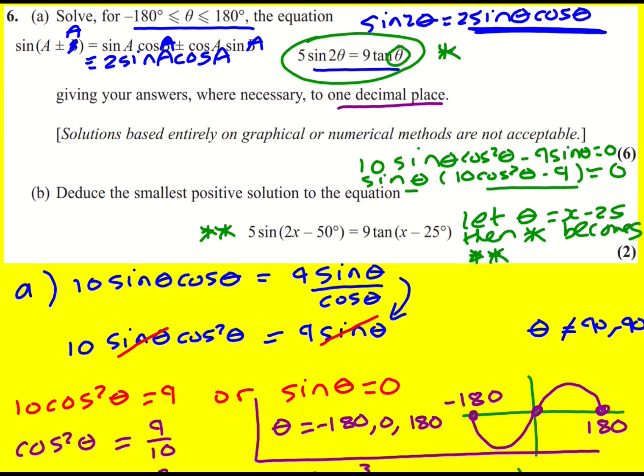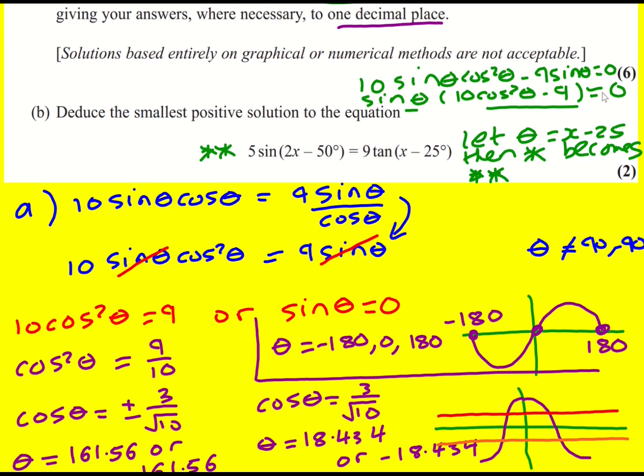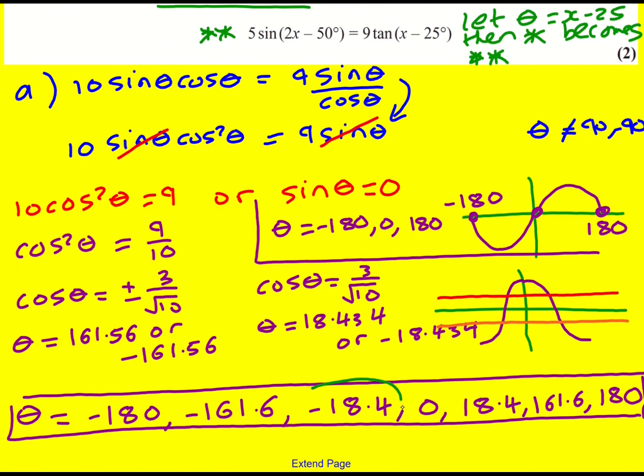Because I just replace theta here, it becomes x minus 25 here, I'd get 2x minus 50. So I've actually already found the solutions for theta. So I just need to add 25 to them. Deduce this, we don't have to find them all. Deduce the smallest positive solution. I'm adding 25 to them. It's going to be when I add it to this one.